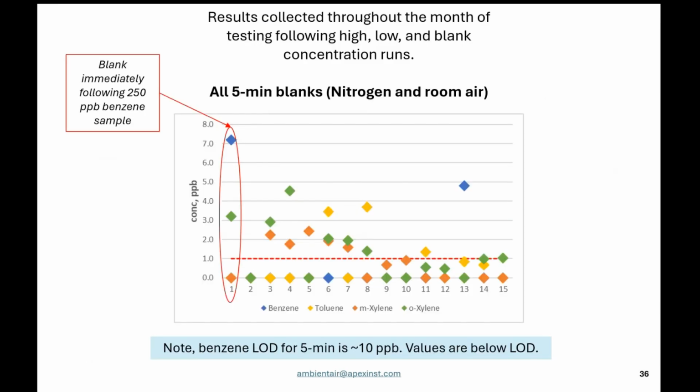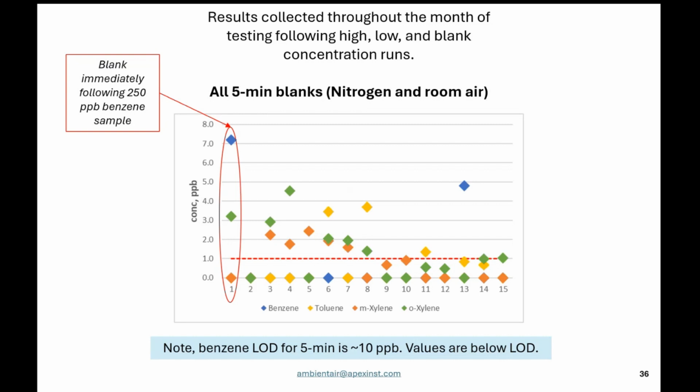This slide here summarizes the approximate month's worth of testing and different blank tests that were conducted throughout that time frame. So in between different tests, blank air of either nitrogen or room air was run, and the results are summarized in this plot. This slide shows all the blank samples that were run at 5-minute sampling time.